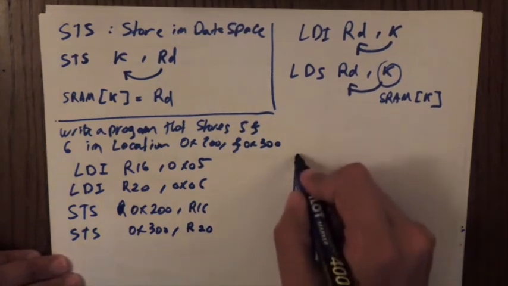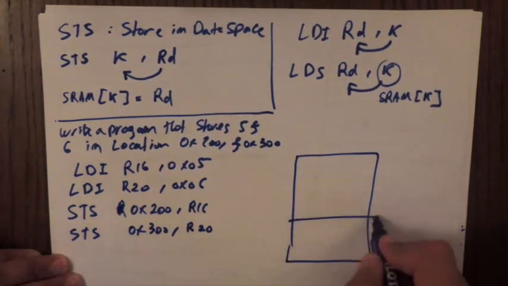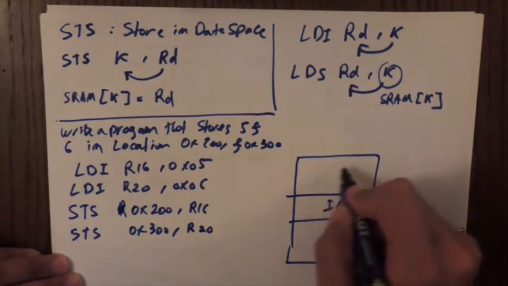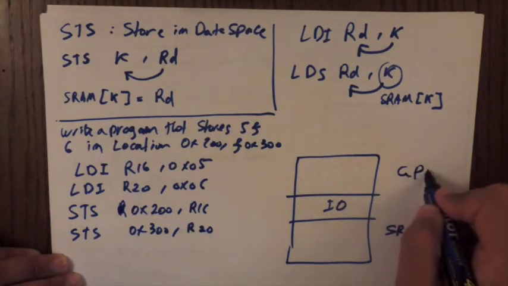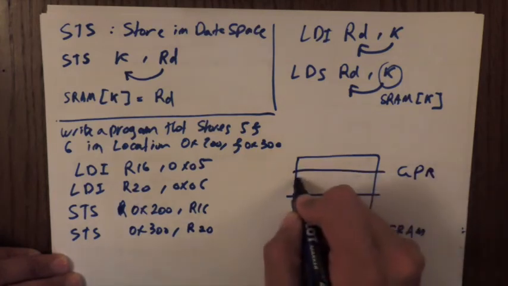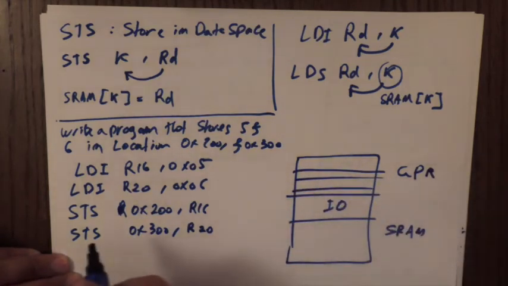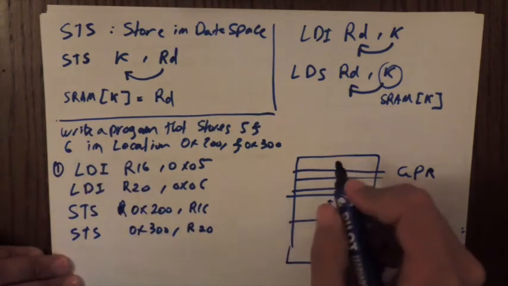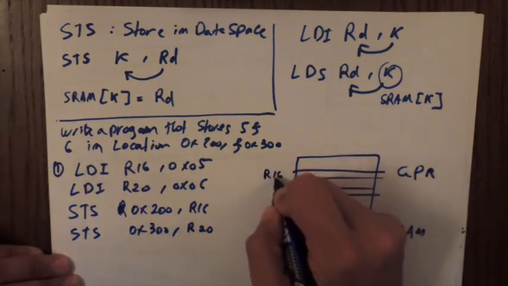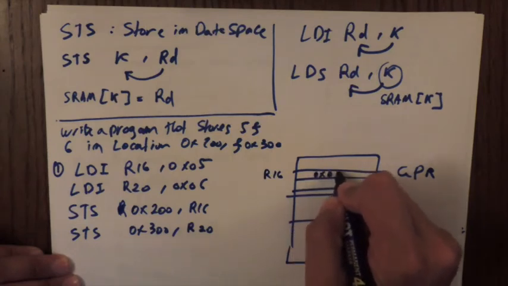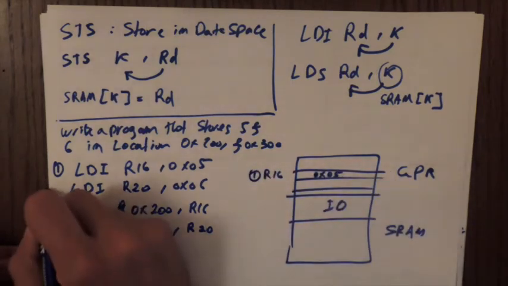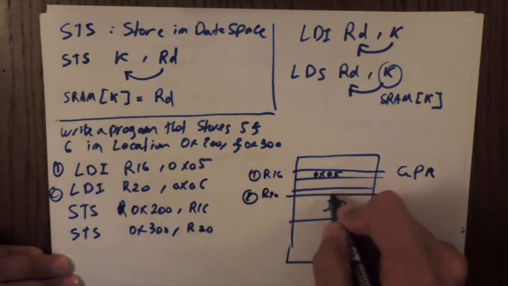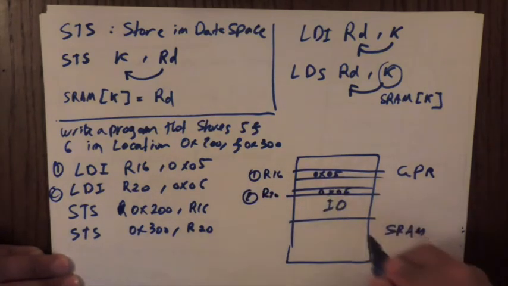And if I draw my SRAM, this is the I/O, this is the GPR. So first, number one, I placed in R16 0x05. Number two, I place in R20 0x06.